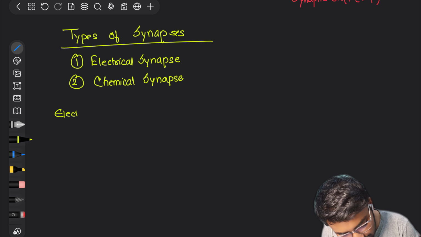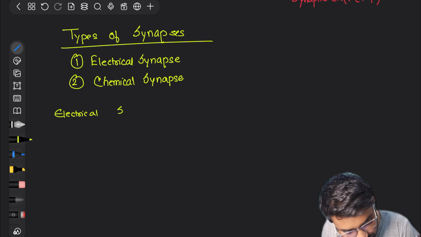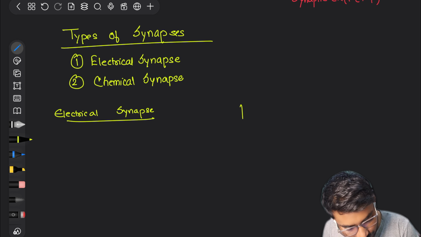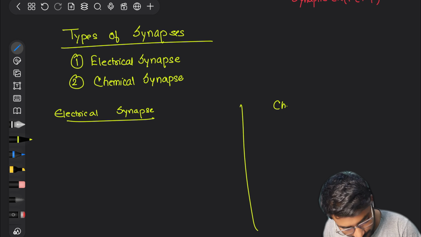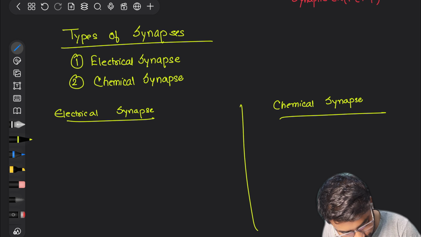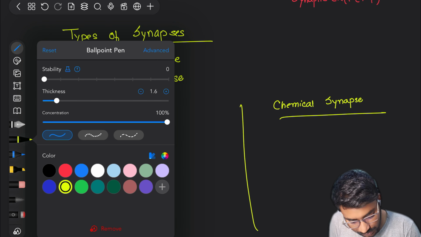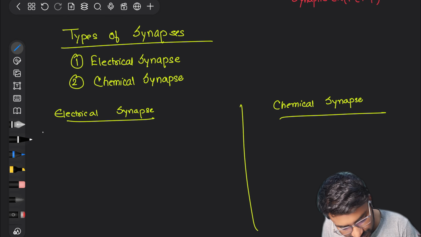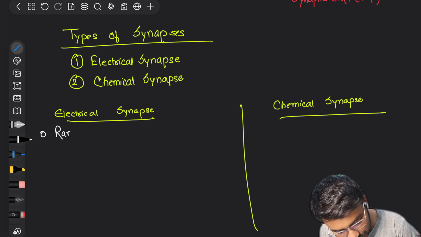So, the difference between the electrical synapse and the chemical synapse. What is electrical synapse? It is rare in our system.